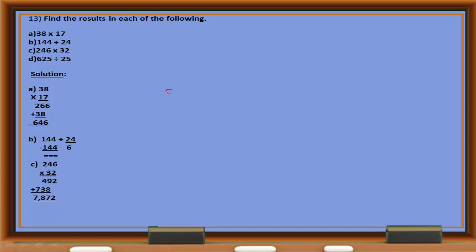The next is D. Let us work it here. First we put here a sign. 62 divided by 25 is 2. That is 2 times 25 is 50. 2 minus 0 is 2. 6 minus 5 is 1.